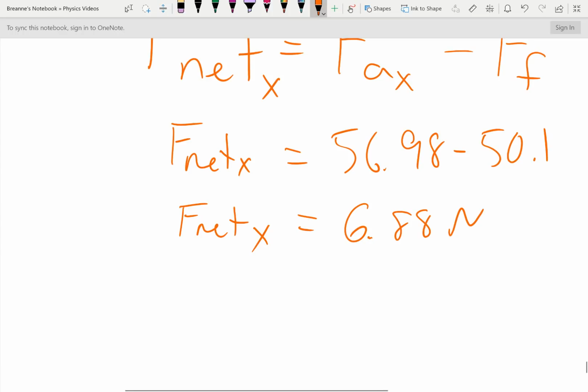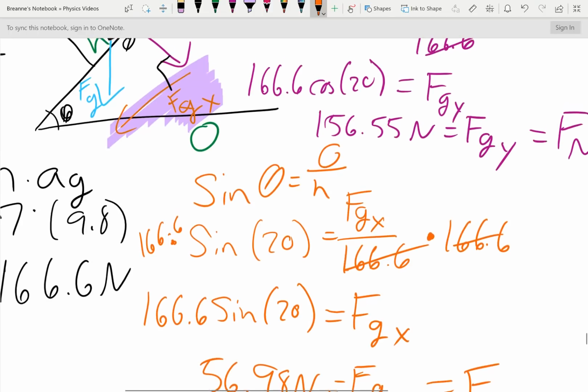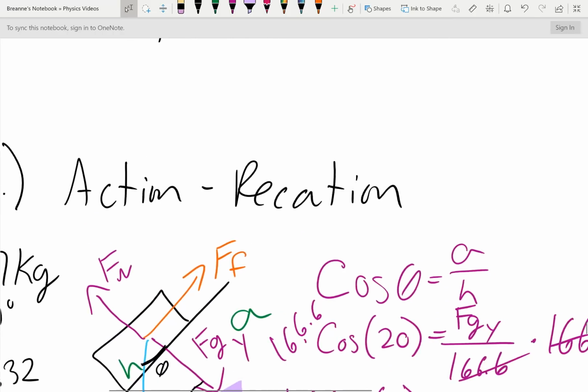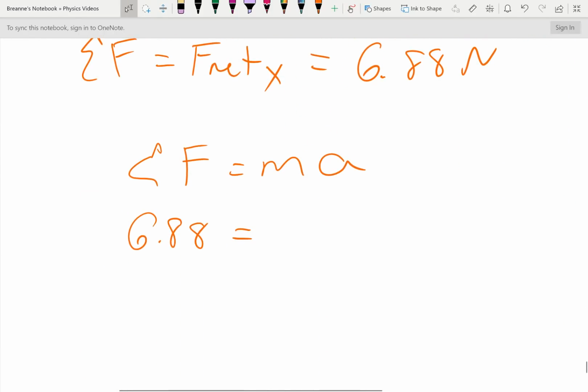Now, to figure out your acceleration, you know that your net force also equals mass times your acceleration. You know your net force is 6.88. Mass was part of the givens, and it is 17. So mass is 17, and you're looking for your acceleration.